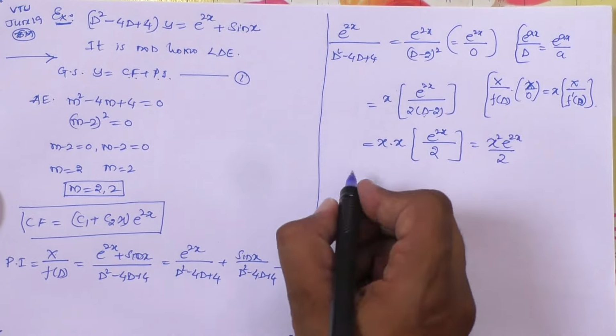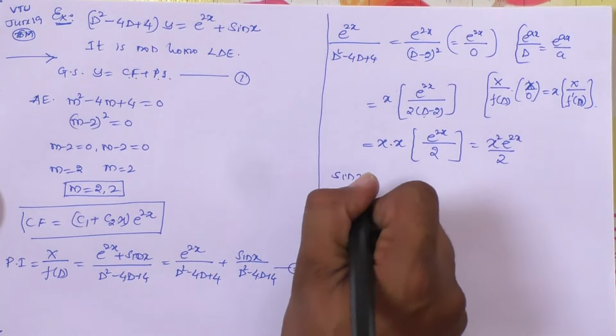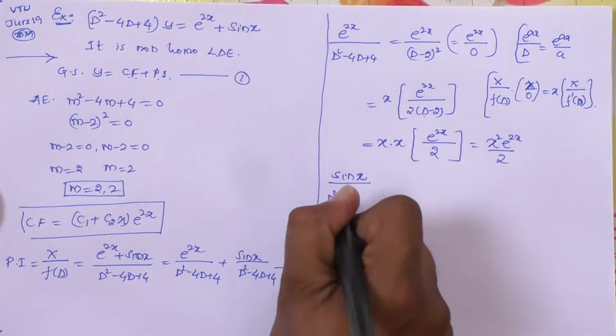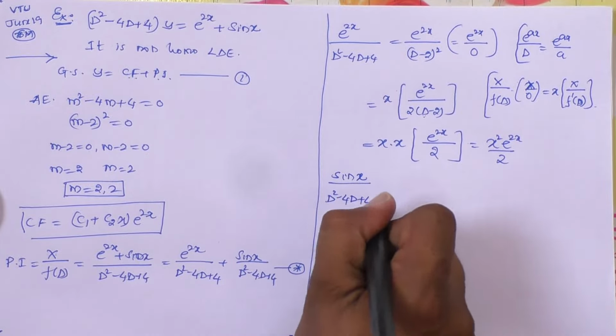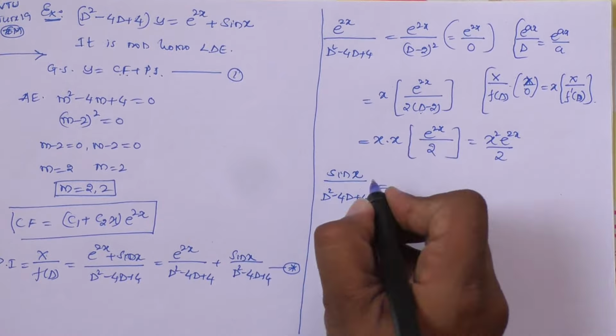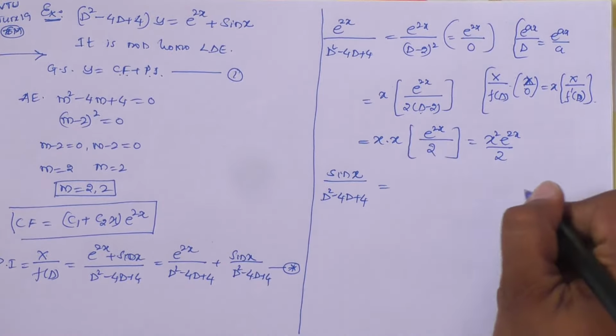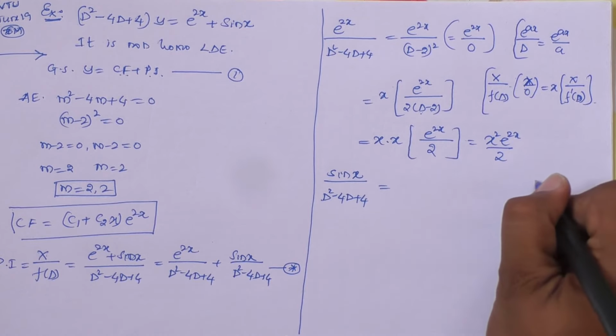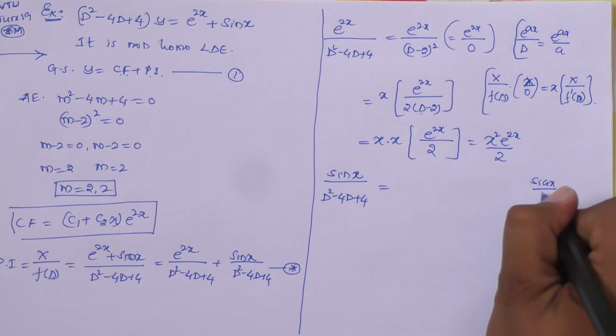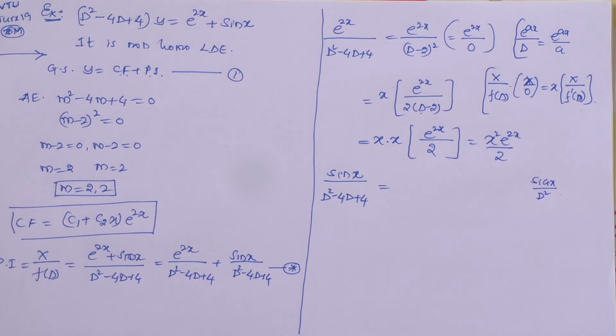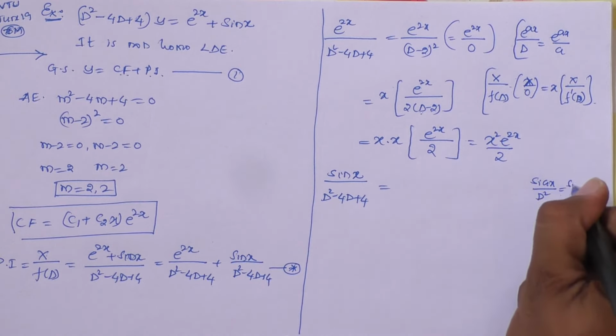Now let us simplify the second term: sin x by d square minus 4d plus 4. So let us simplify this one. So we know in case of sin ax or cos ax, we have sin ax by d square is equal to sin ax by minus a square.